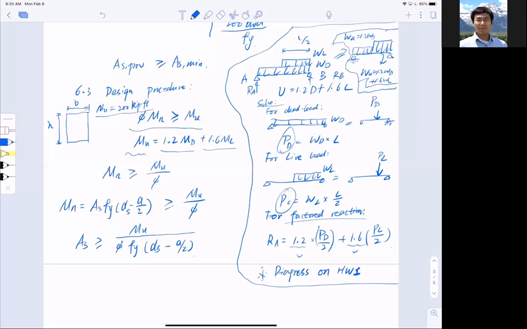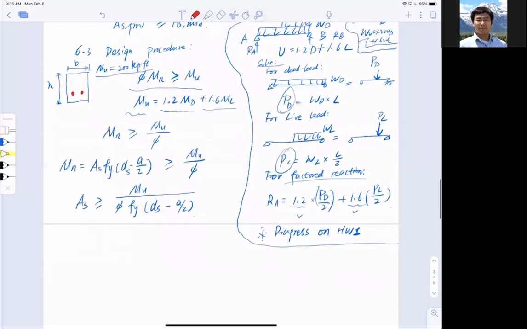My purpose is to put some bars in it, with number of bars unknown, area unknown, and spacing unknown. So I arrive at this equation which gives me the information about area of bars. But the rest of it, let me check. Mu I know, Fy I know, phi I don't know, because I don't know the steel strain yet. So I can assume phi equal to 0.9.